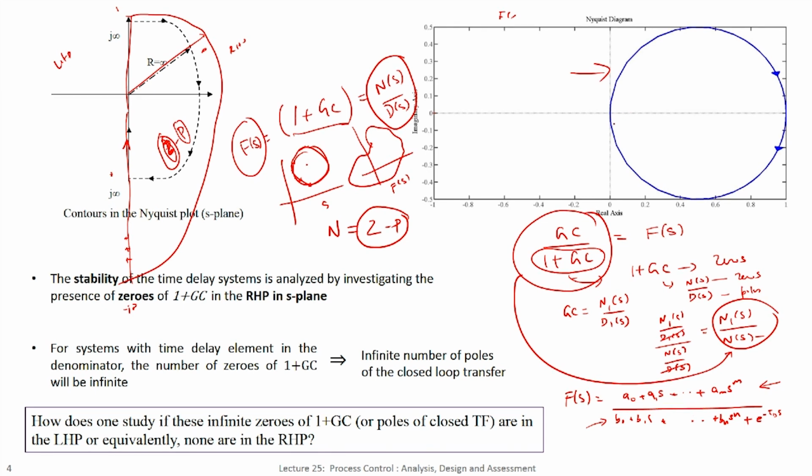So conceptually, if I am able to take all of these points and compute this and plot this F(s) diagram here, then I am done. Now I can look at the encirclements of this around the origin and then find out how many zeros and poles there are in terms of a difference. So this is the key idea that translates whatever we have learned till now into a control concept.